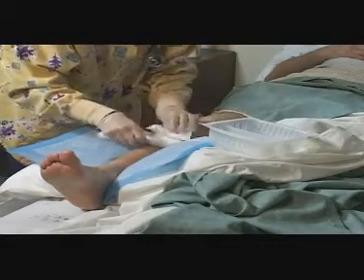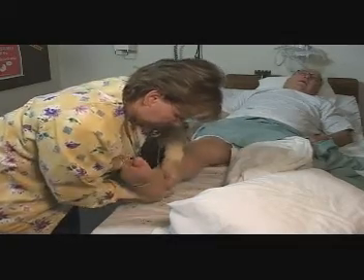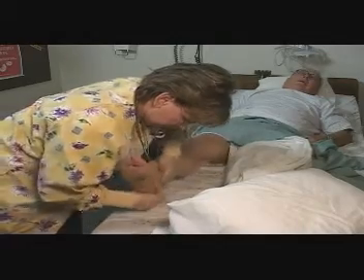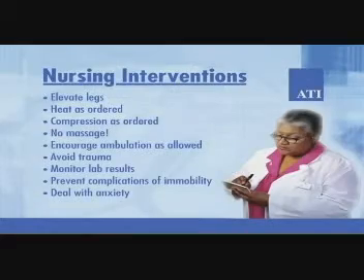Apply warm, moist compresses as ordered. Apply compression stockings or use an intermittent compression device as ordered for superficial thrombophlebitis. Do not massage the legs because that could dislodge a thrombus that might then lodge in distant blood vessels, usually in the lungs. Encourage the client to ambulate regularly as soon as permitted.